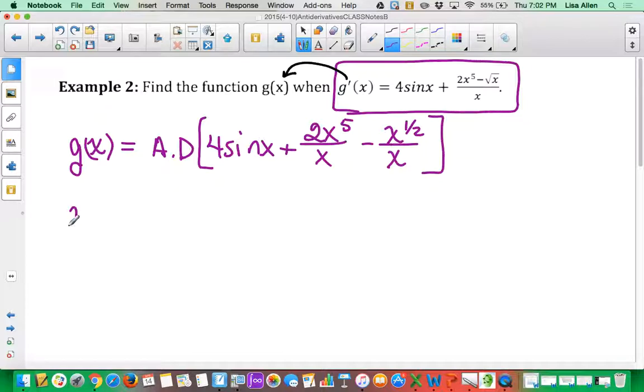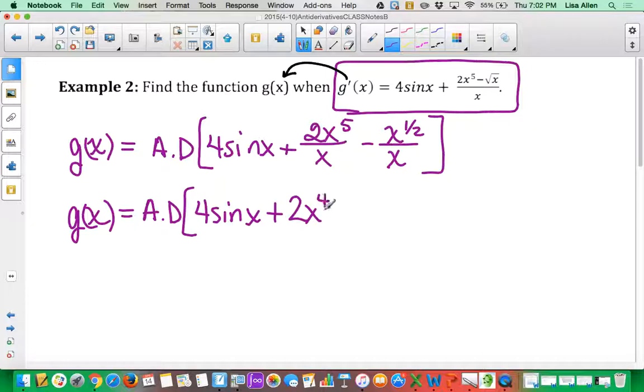So now I've got g of x is equal to, I want to take the antiderivative of 4 sine x, and I'm going to do some simplifications here. So I have plus 2x to the 4th power, and then I have minus x to the negative 1/2.